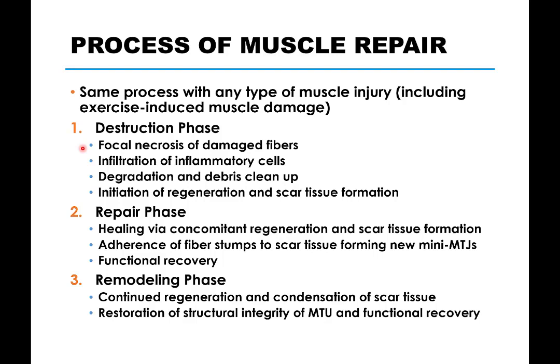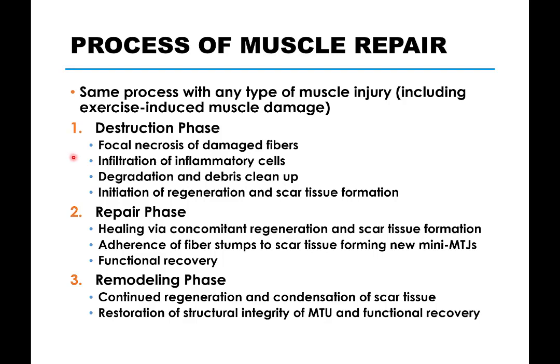This is because muscle fibers are structurally unique to other cells in that they are relatively long and can run the entire length of the muscle. So oftentimes, only the damaged area of the muscle fiber undergoes necrosis and the undamaged area is preserved.